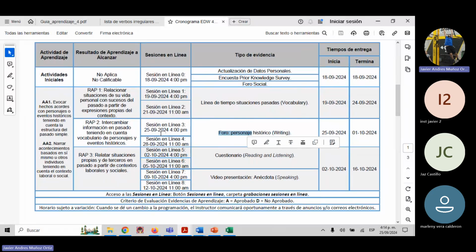So to do that, we're going to have two sessions in order to study what topics we might need to develop this exercise. So we're going to meet on the 25th, I mean today, and also on Saturday, the 28th.